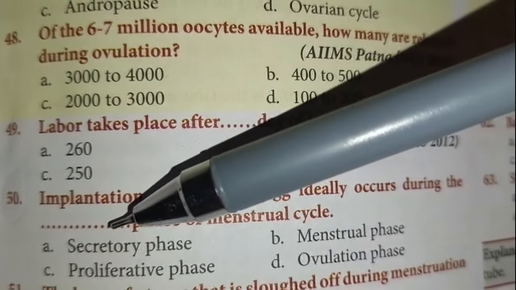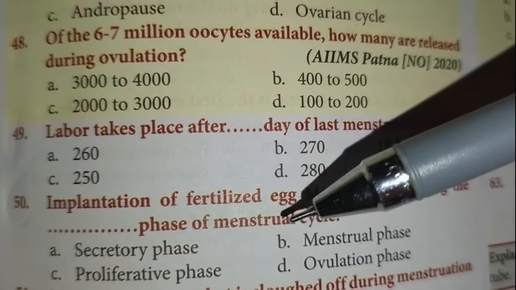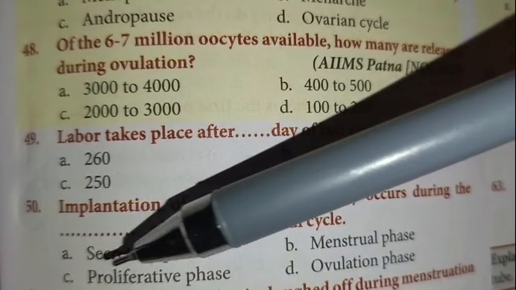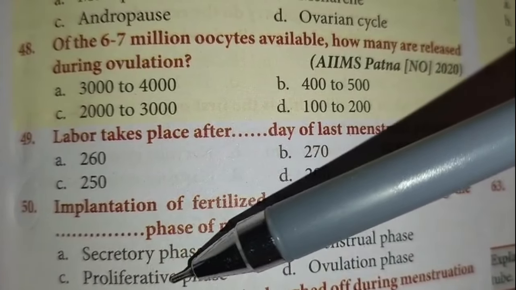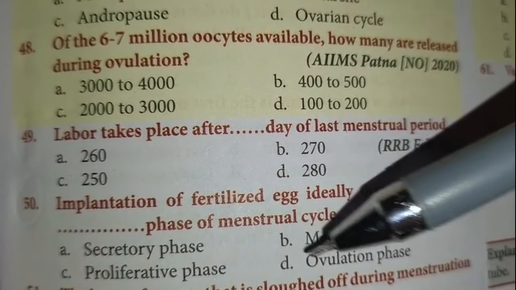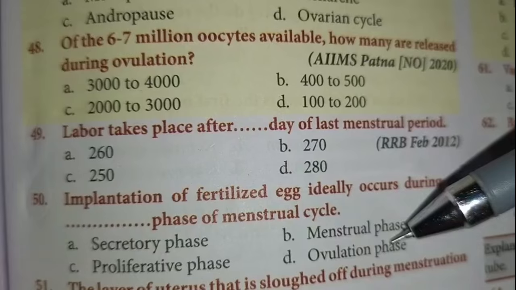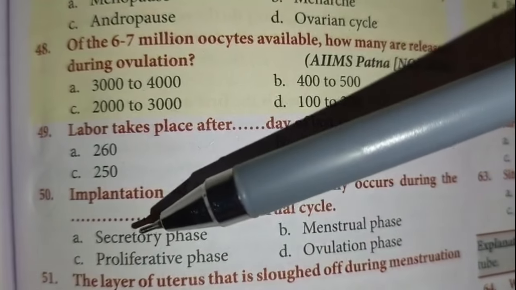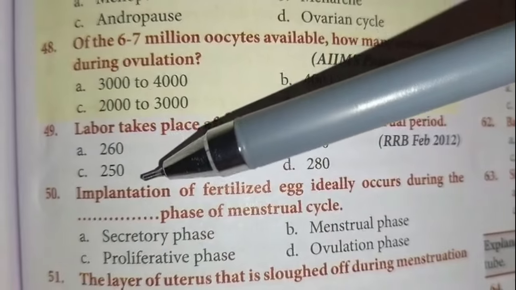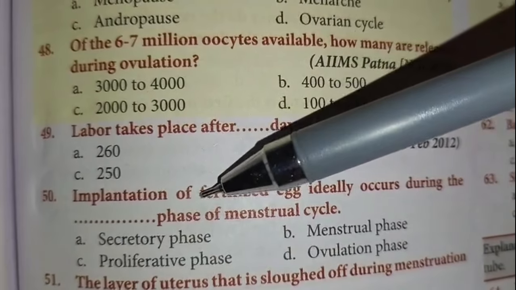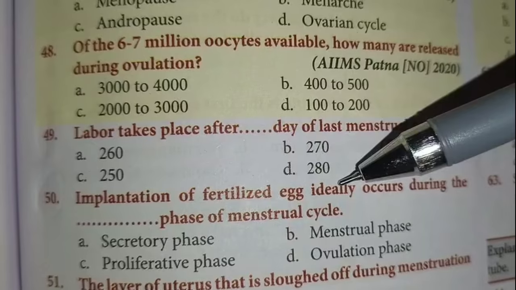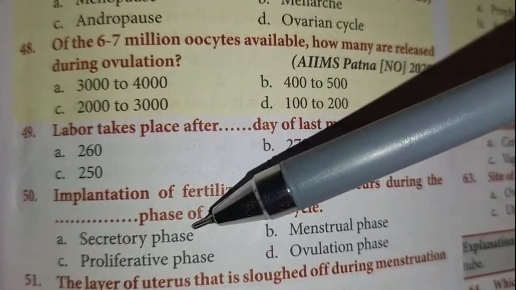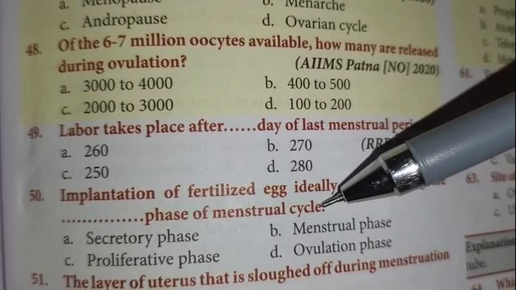Option A, secretory phase. Option B, menstrual phase. Option C, proliferative phase. And option D, ovulation phase. And the correct answer is secretory phase. Implantation of a fertilized egg ideally occurs during the secretory phase of the menstrual cycle.